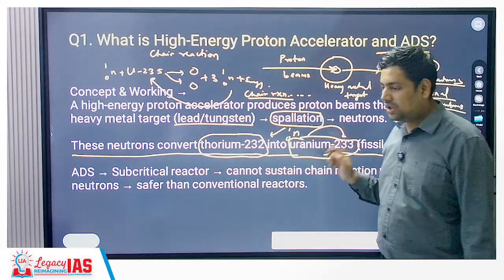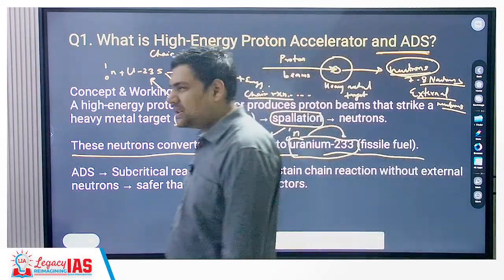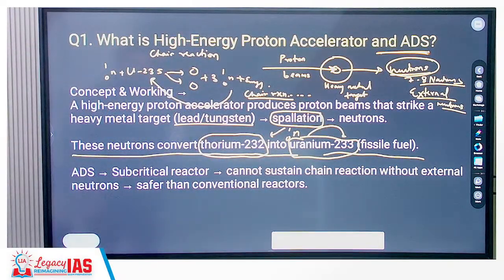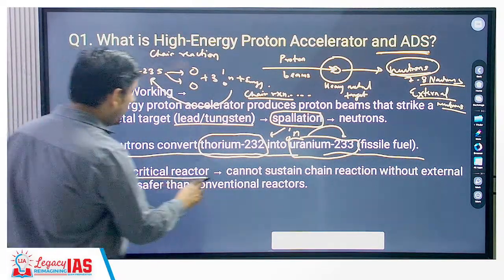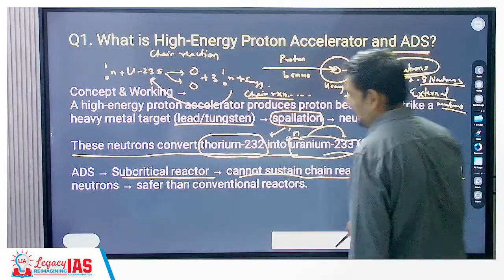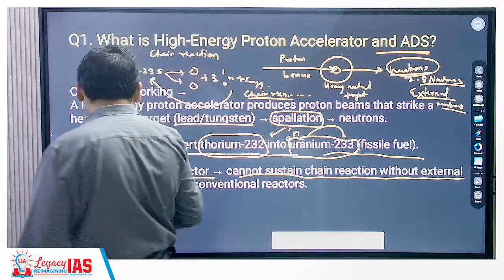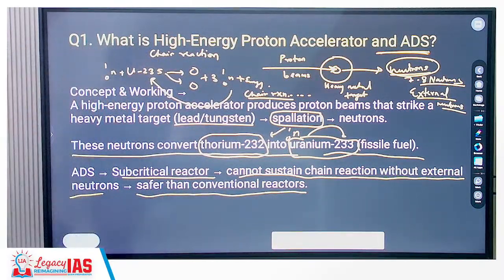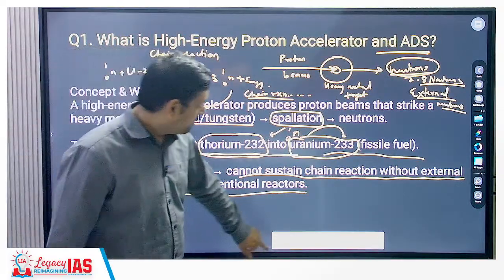Because these neutrons are supplied externally, it is much safer. So ADS is a subcritical reactor, that is, it cannot sustain a chain reaction without external neutrons. Because of this, it is safer than conventional reactors. This is what the topic was.